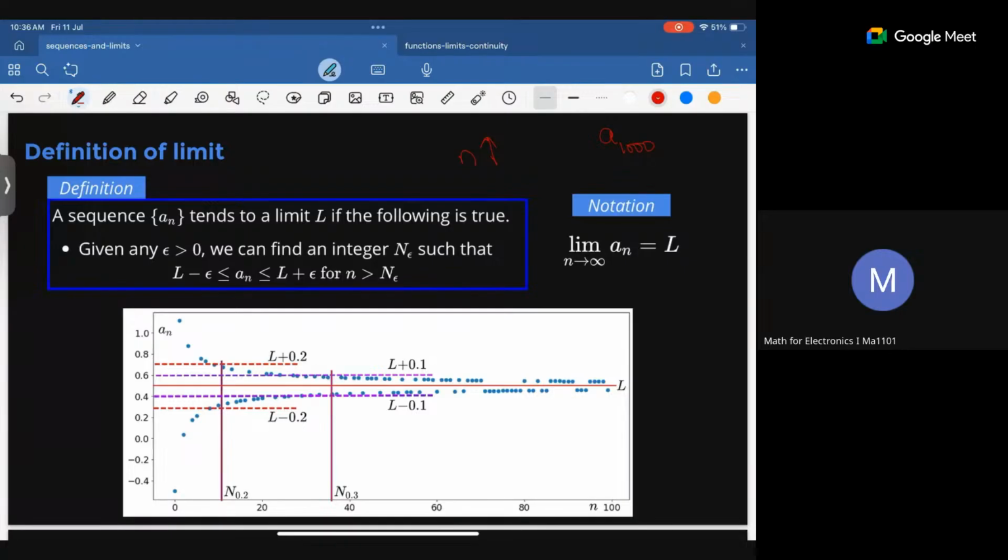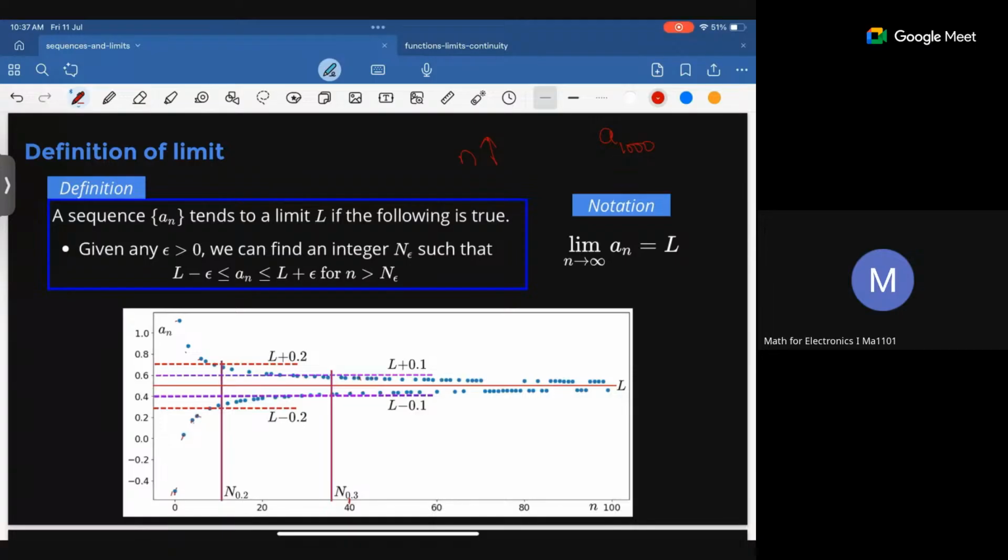You can see from these stem plots that initially our sequence terms are oscillating. The first term is here, second term here, third term here, fourth term, fifth term, sixth, seventh, eighth, ninth term, and so on. But as n goes to 40, you will see our sequence terms are like this.